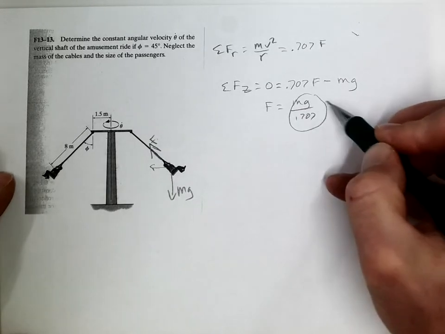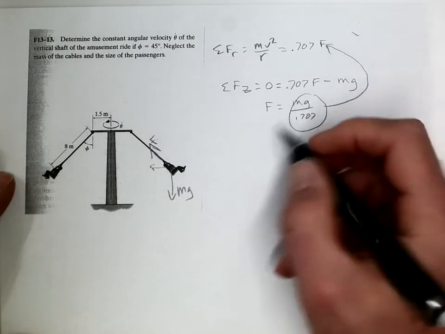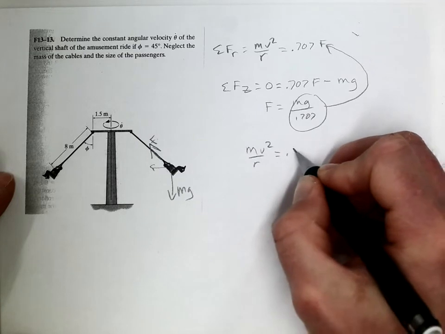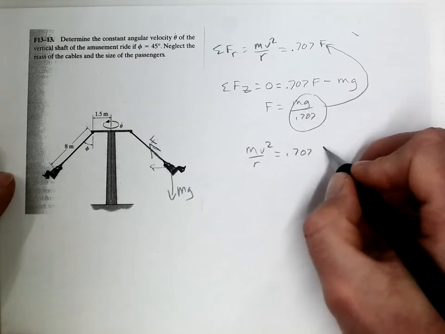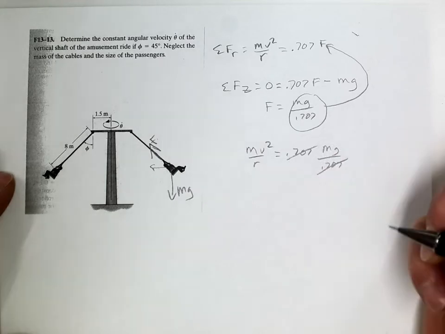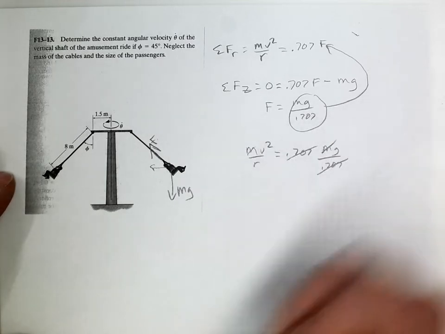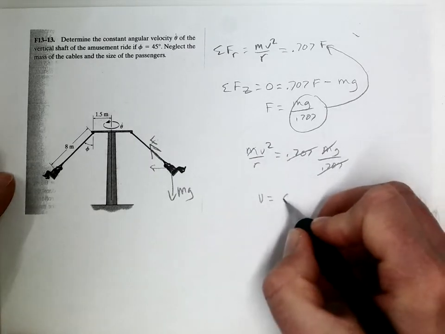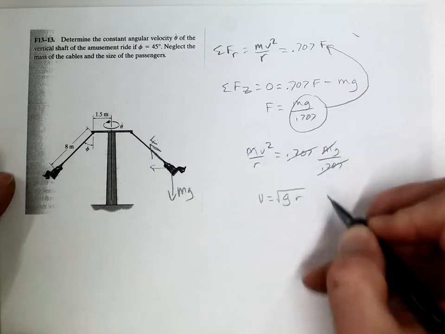Substituting this into the original equation, we have mv squared over r equals 0.707 times F, which is mg over 0.707. Those cancel. The m's cancel. And v is equal to the square root of g times r.